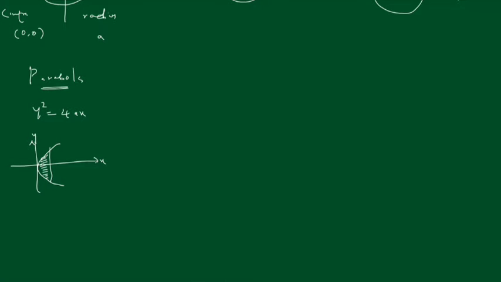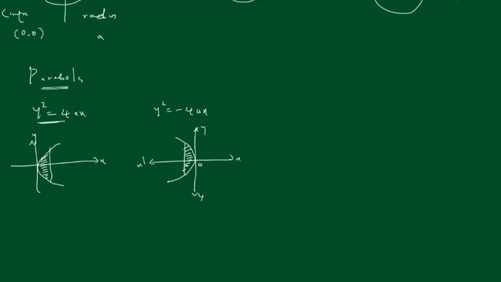Similarly, when y square equals minus 4ax, in that case what we have is our parabola like this. We have the x-axis, the y-axis, the negative x dash, the negative y dash, and the origin.